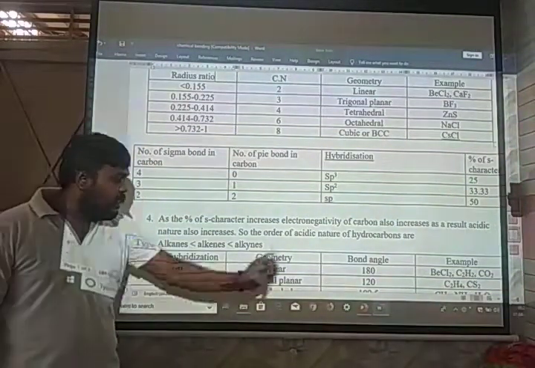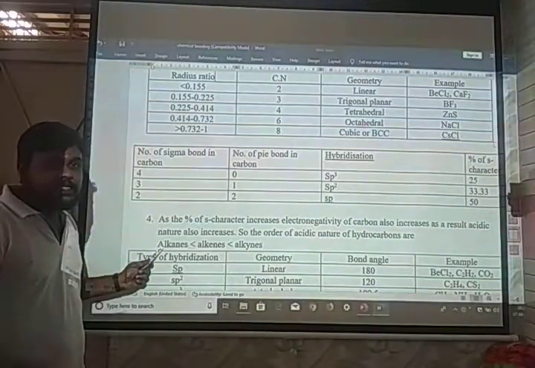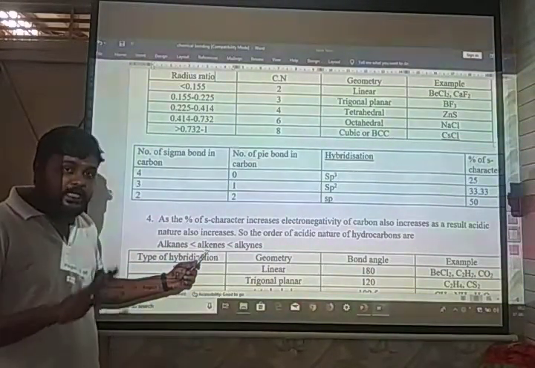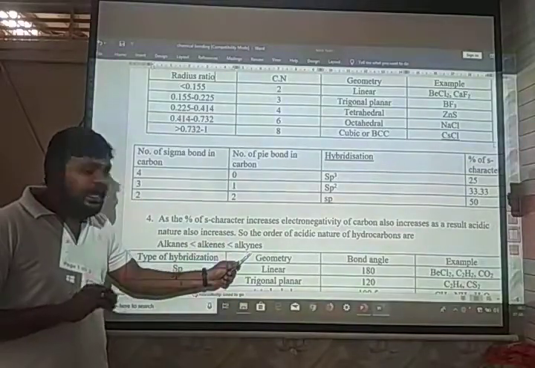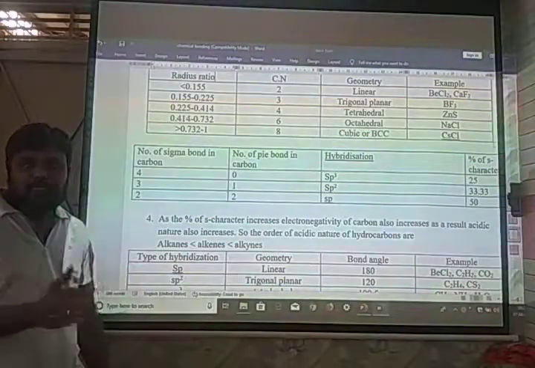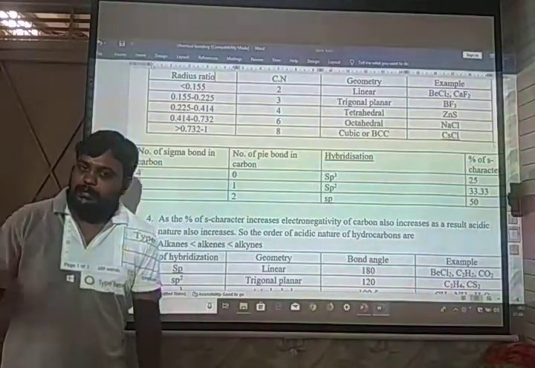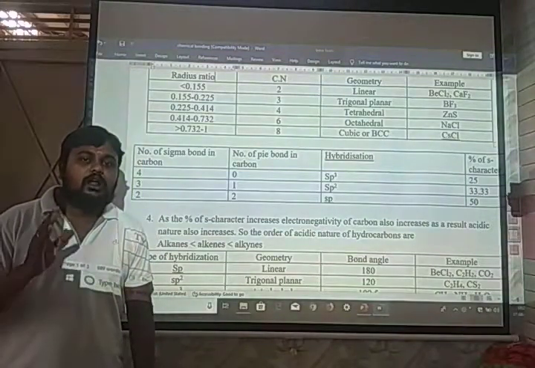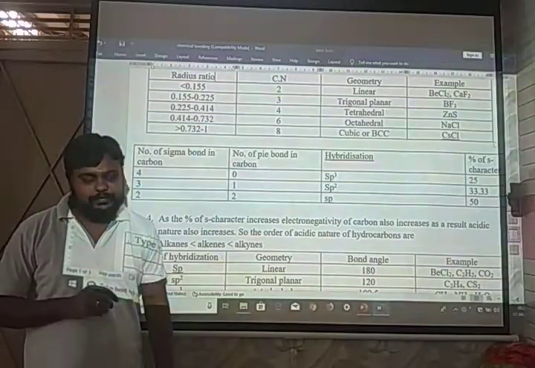So this is increasing order. First we have alkanes, this is least acidic, then alkenes, double bonded carbons, then alkynes, triple bonded carbons. Among CC single bond, CC double bond, CC triple bond, which is more acidic? CC triple bond is more acidic.